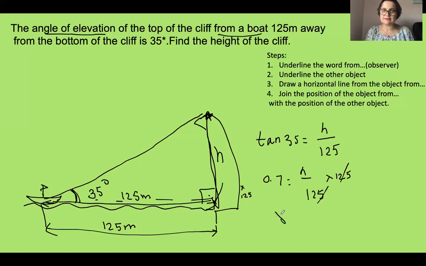So 87.5 equals h. Actually, the measuring unit is very important, so h equals 87.5 meters. Just like that.